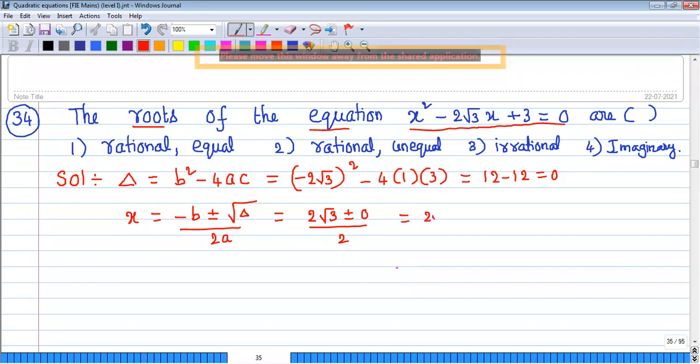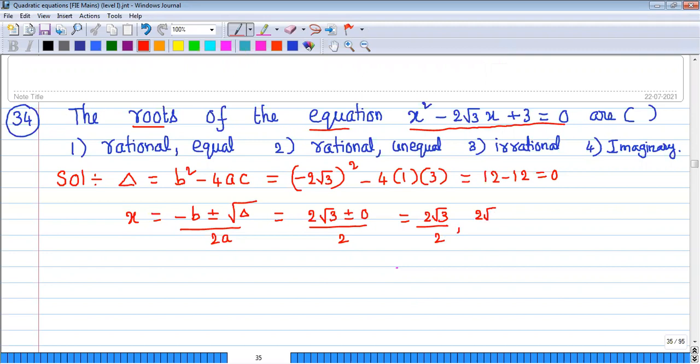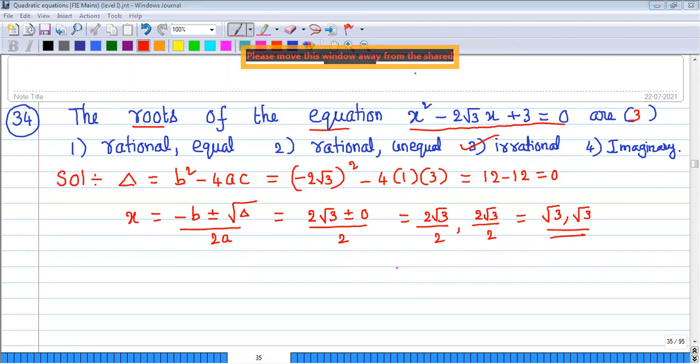That means 2 root 3 by 2, comma, 2 root 3 by 2. So you will be getting root 3 comma root 3. So that means roots are irrational. Third option is the right option. Roots are irrational. Right?